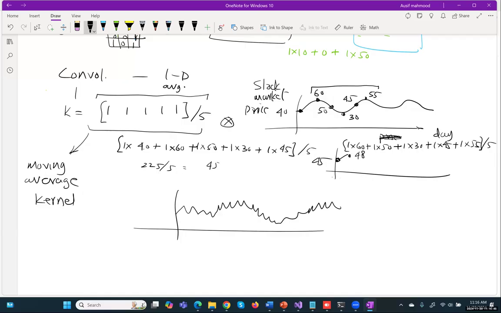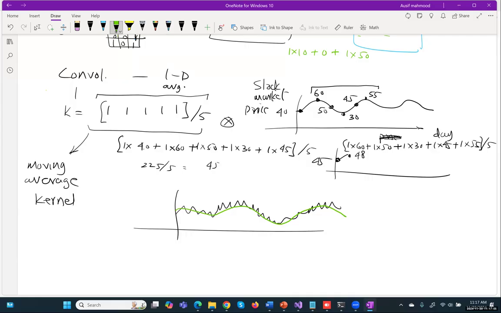What it will do is take away the fast changes and produce a smooth transition so that we can see which way is the trend.